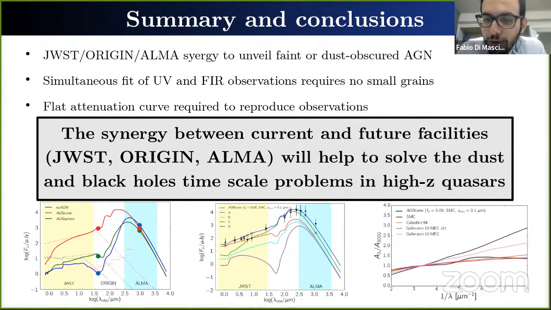I'm not sure if I understood the question, but yeah, that's a good point. If we assume higher dust temperature and therefore lower dust masses, then this might in some way help.